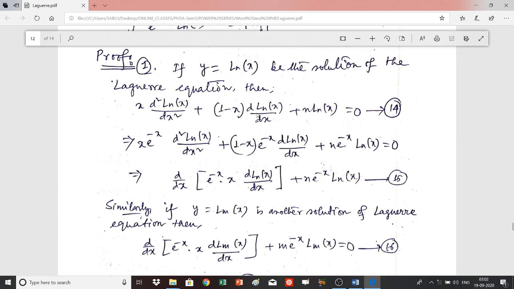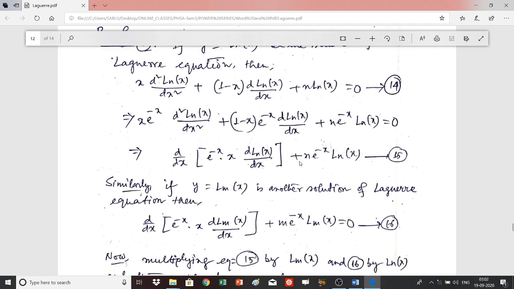We obtain this line by multiplying this equation by e to the minus x, and these two terms can be written as d/dx of e to the minus x x d ln x by dx, and after that n e to the minus x ln x. This is equation number 15.